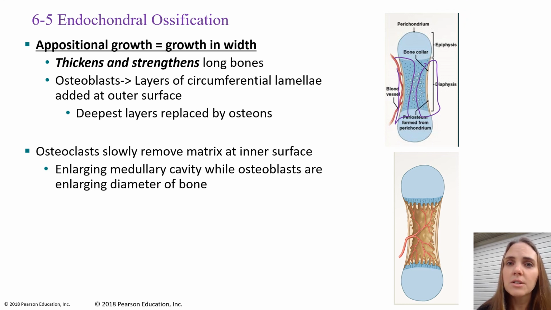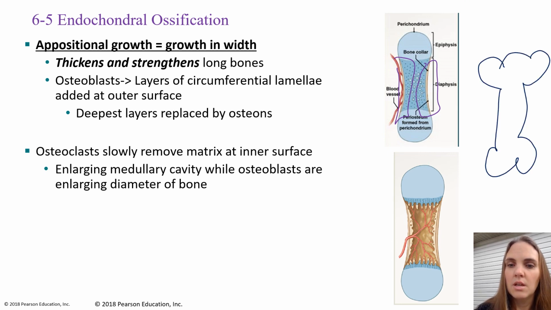So on a cellular level, the cells of the inner layer of that periosteum, remember the periosteum is lining the outside of the bone, and it had two layers. So if we had our bone here, the periosteum is on the outside and it has an inner cellular layer and an outer fibrous layer.